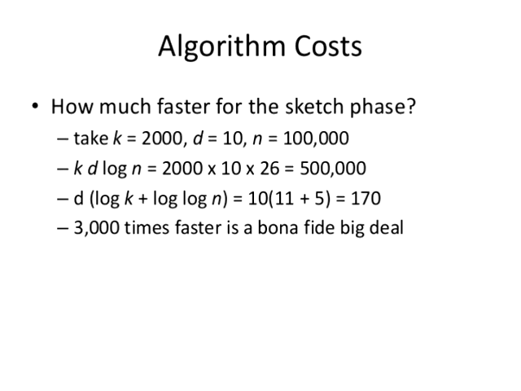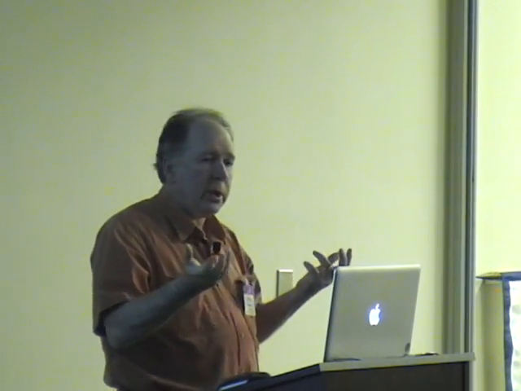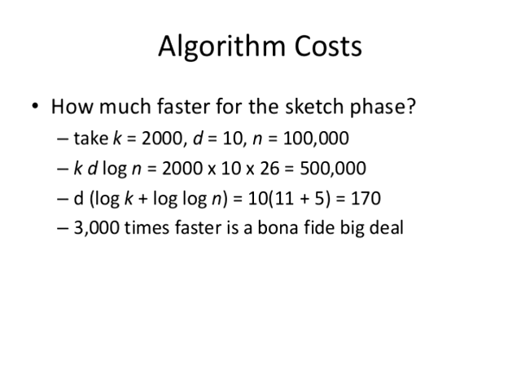So how much faster are we talking? If we have 2,000 clusters that we're trying to get, 10-dimensional data, which is low or high depending on which one the customer, in this case, wanted 10 dimensions, and 100,000 data points, then we can do the math, and we come up with 500,000 for one alternative, or 170 magic units of time for the other, about 3,000 times faster, neglecting I/O and things like that.